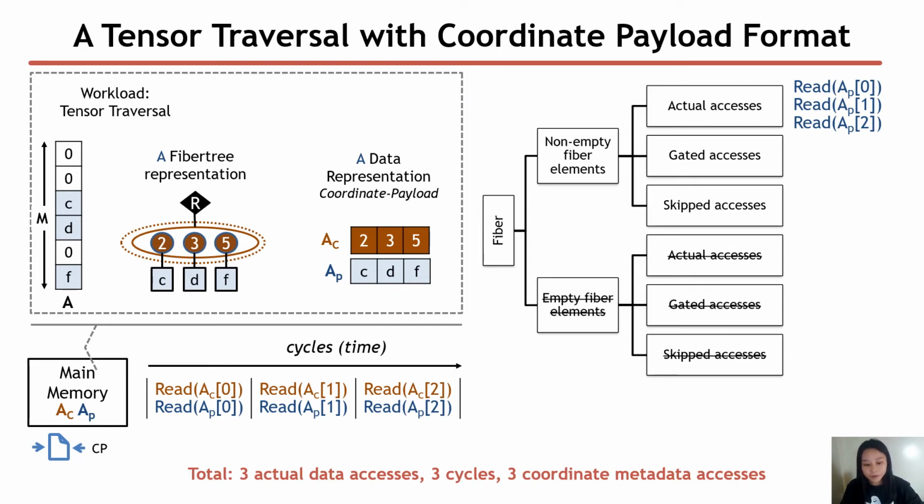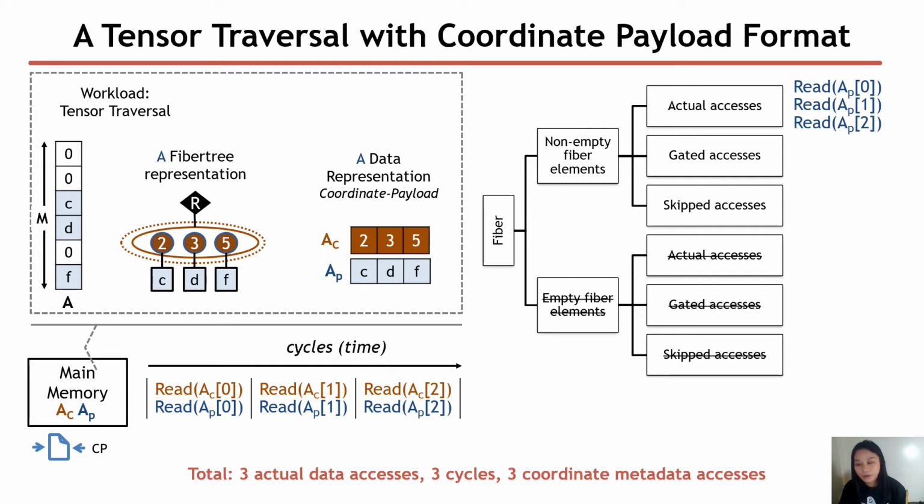And it's very simple in terms of traversal. We're essentially reading each coordinate and payload pair out of the storage so that we know both what it is, the non-zero value, as well as where it sits in the original tensor. And this optimization reduces the number of actual data accesses to 3, and we only need to spend 3 cycles because we don't really have all these zero values stored anymore, so of course there is no cycle spent for these 3 zero values.